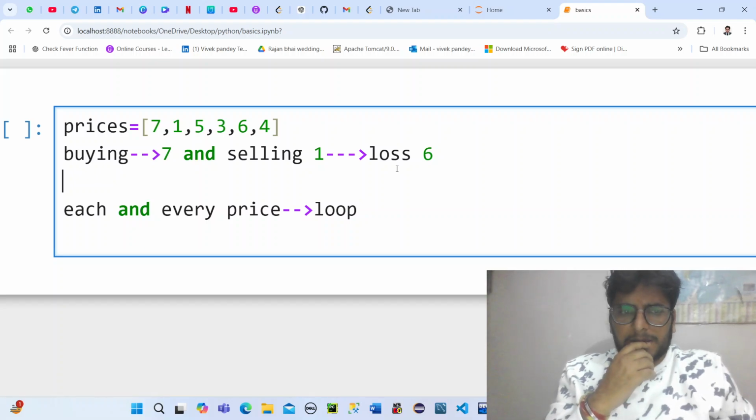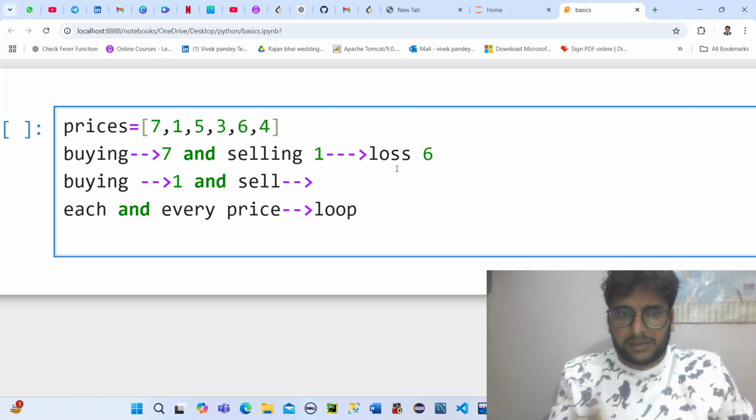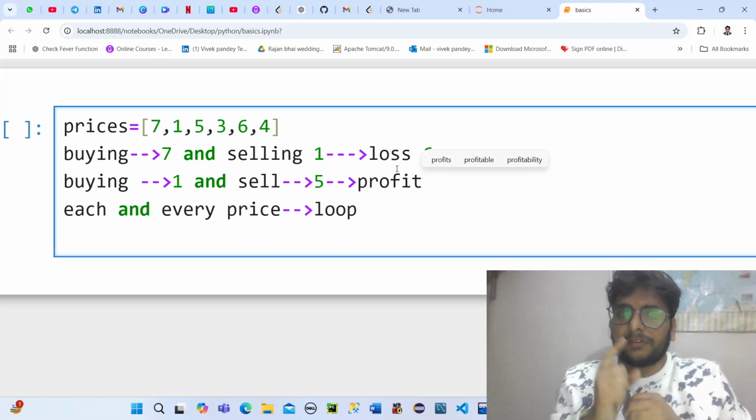Now again, if I am buying when the stock price is 1, and I sell at 5, then it is a profit, because I am purchasing it for only 1 rupee and selling it for 5 rupees.